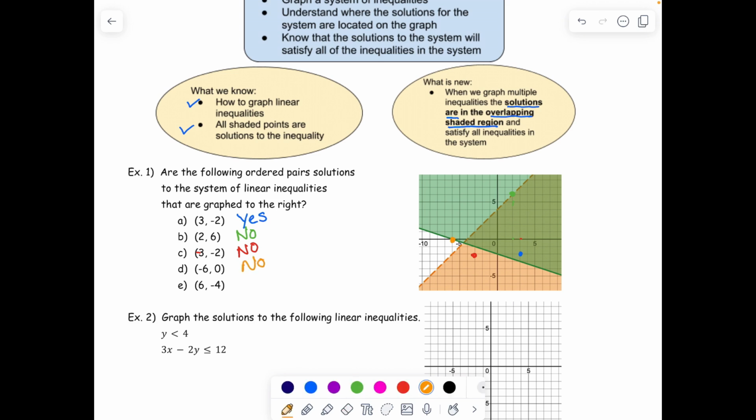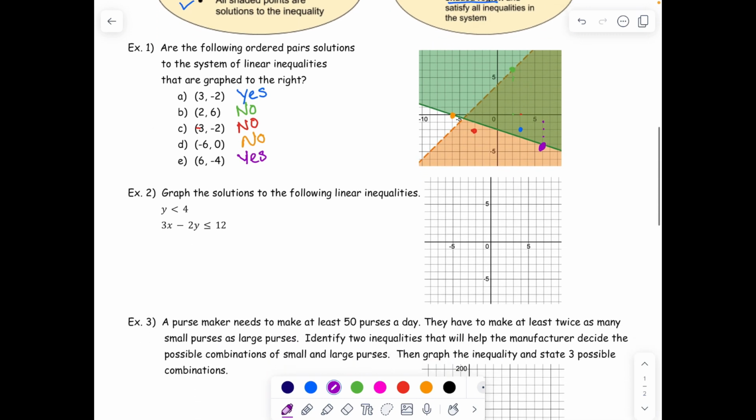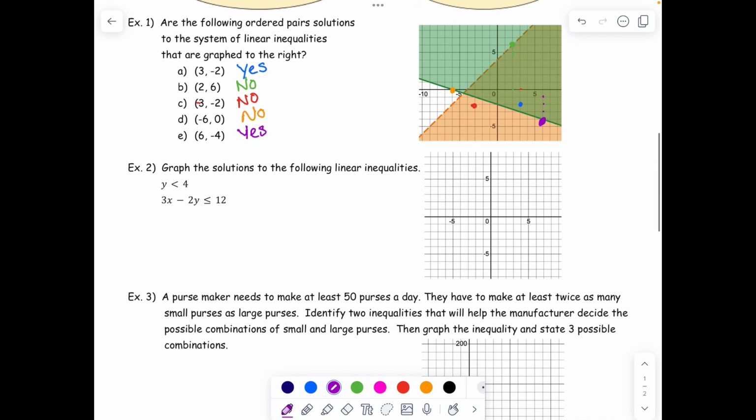So no, not a solution. Okay, now let's make it purple. (6, -4). That is on the line. That is solid, and it's part of the overlap. So yes, it is in the solution. Hopefully you guys tried those and got those right.